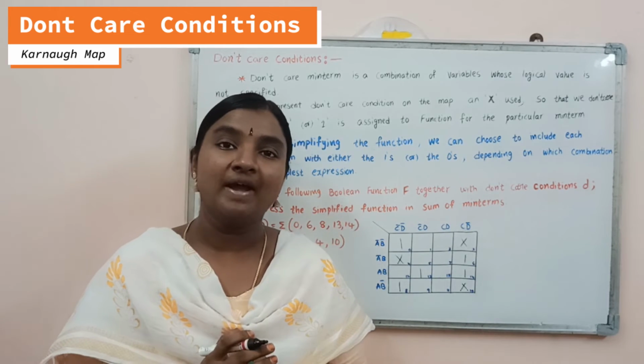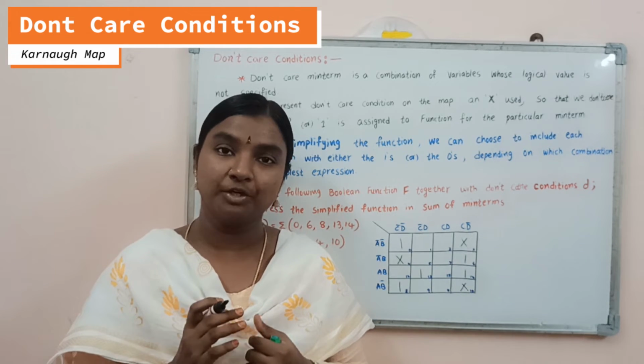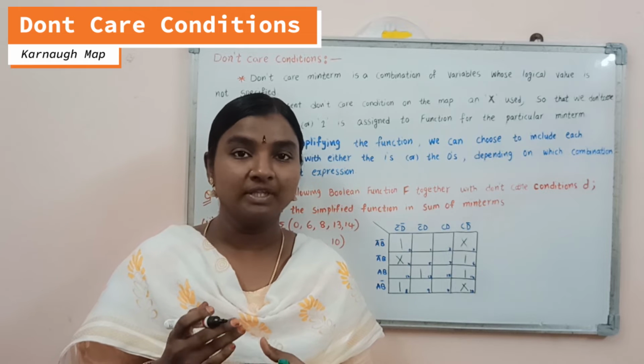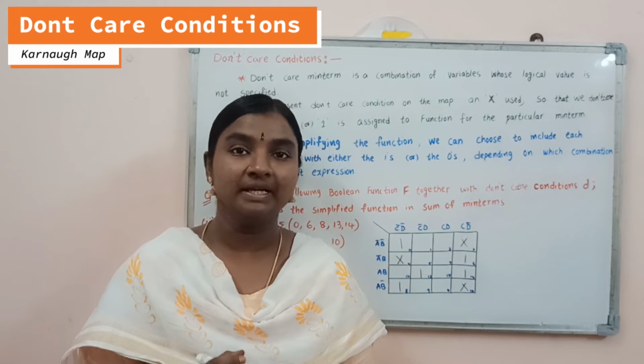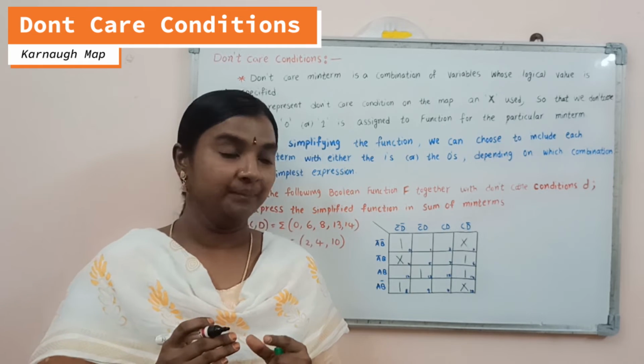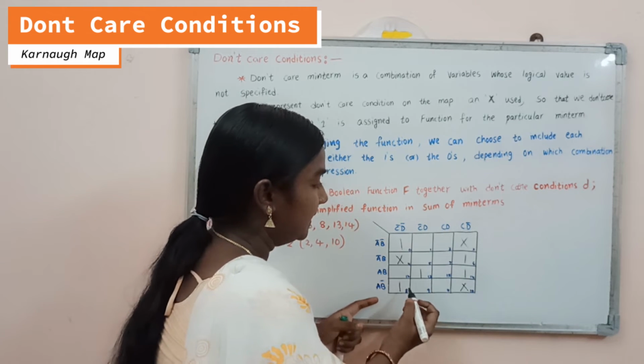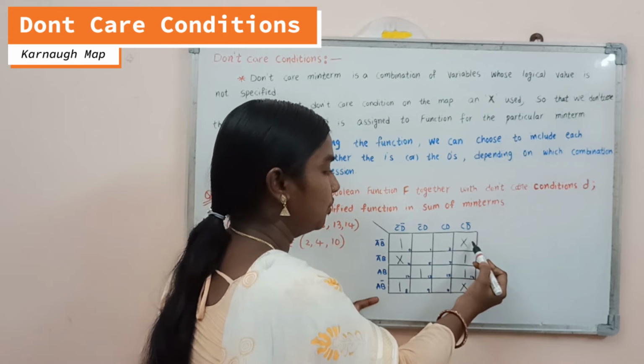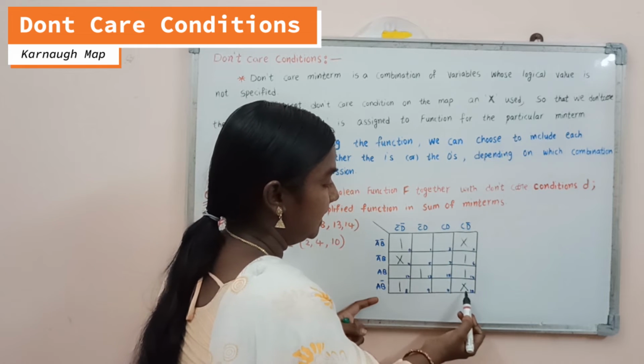Now we need to find a simplified function by grouping ones along with don't cares, according to our convenience, to find a simplified expression. So here we see 1, here don't care, here 1 and here 1.